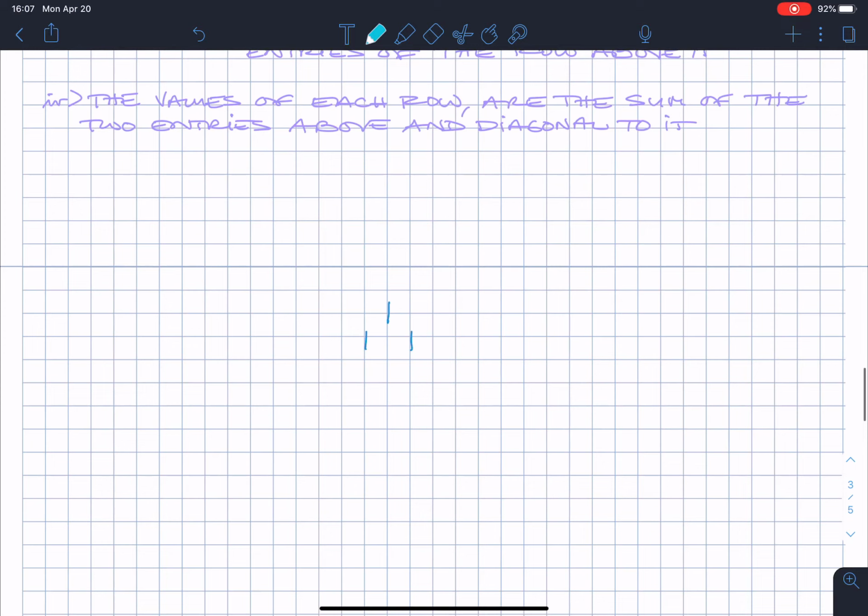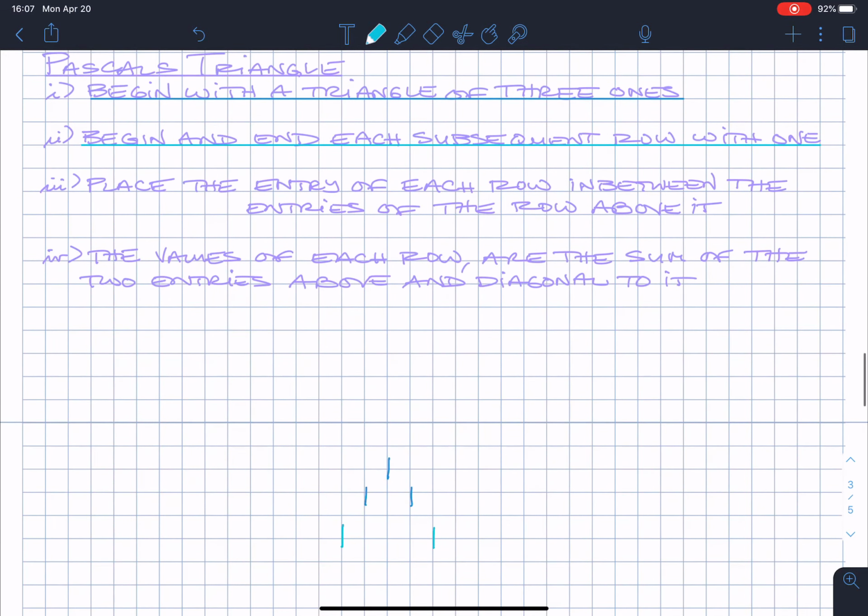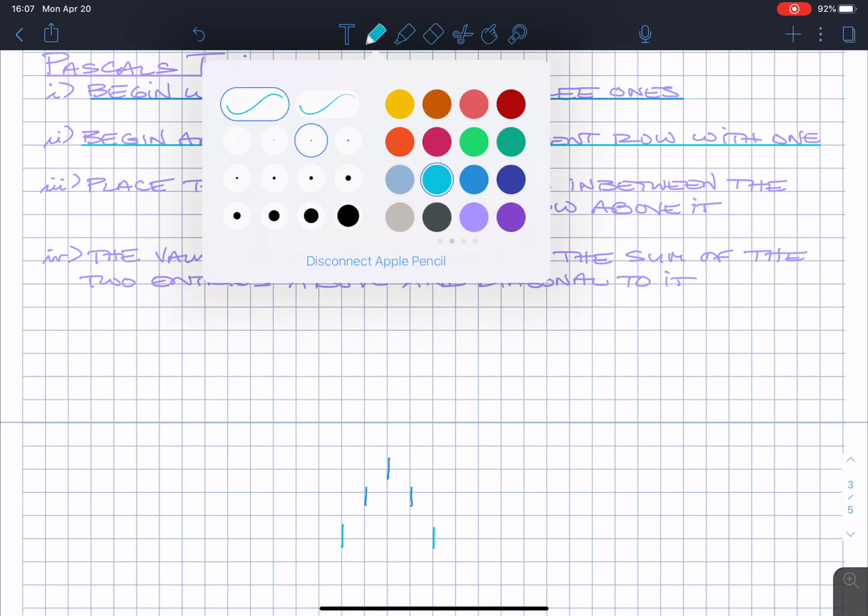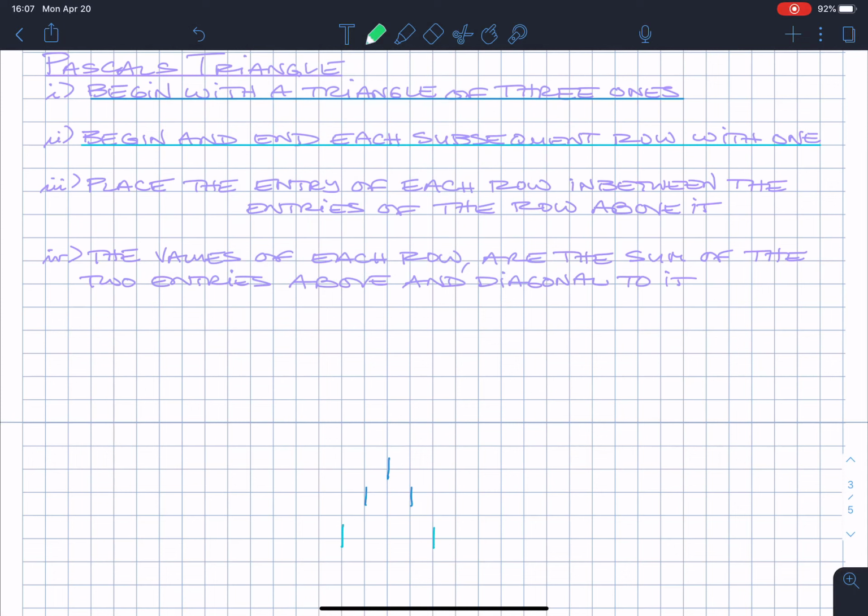So I'm going to begin the next row with 1 and end the next row with 1. But then I'm going to place the entries of each row in between the entries of the row above it. Okay, got that.